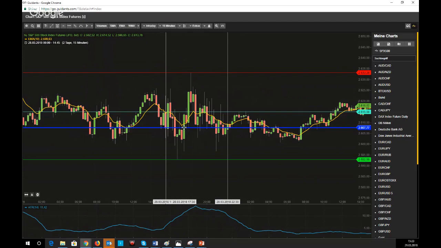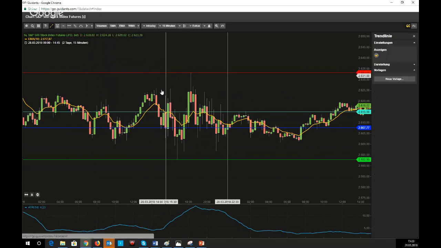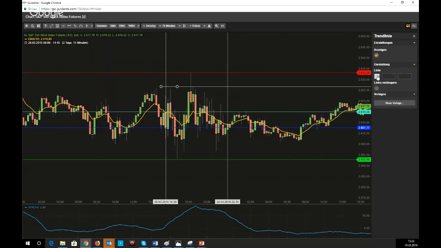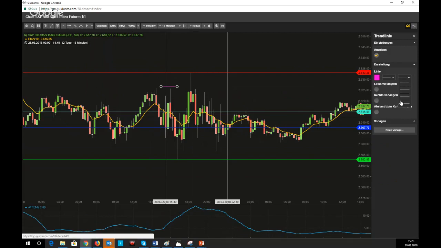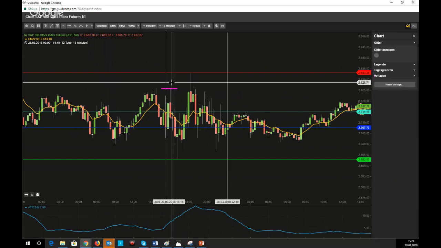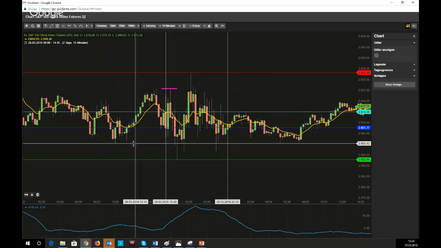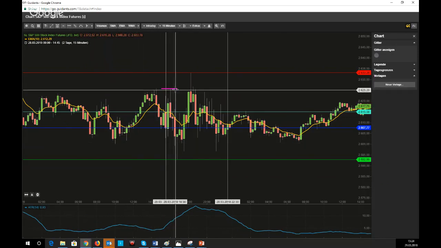But first of all, let's have a look at this case from yesterday, where obviously this range, and therefore let's use those two, let's call them pink lines. Okay, and so this is the high of this range, obviously.